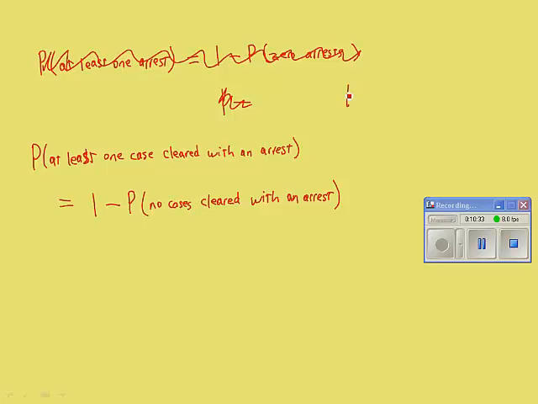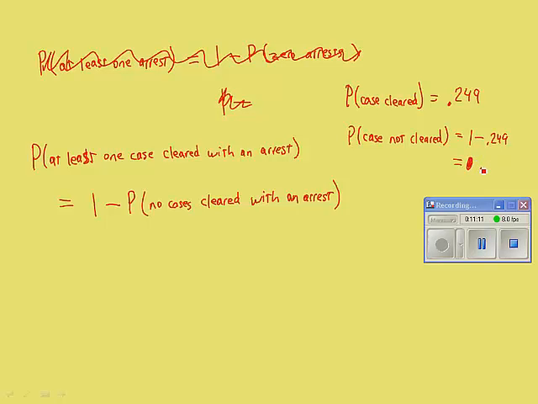Now, according to FBI data, the probability of a case being cleared is, what did they say? Okay, so I'm going to write that as 0.249. So what's the probability of a case not being cleared? One minus what? 0.249. So that's 1 minus 0.249.